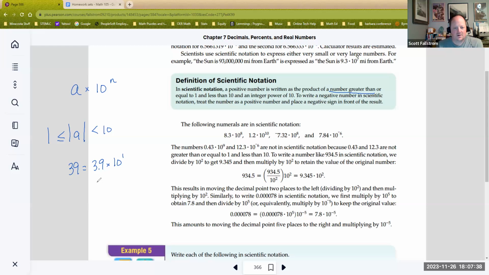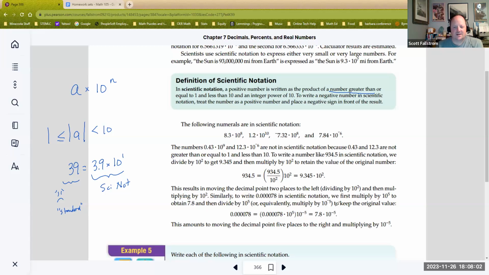Okay. So that's the idea. That's what it needs to look like. This is scientific notation. This is not. This is sad face. But really, this is just known as standard notation and scientific notation. Okay, so let's see here.